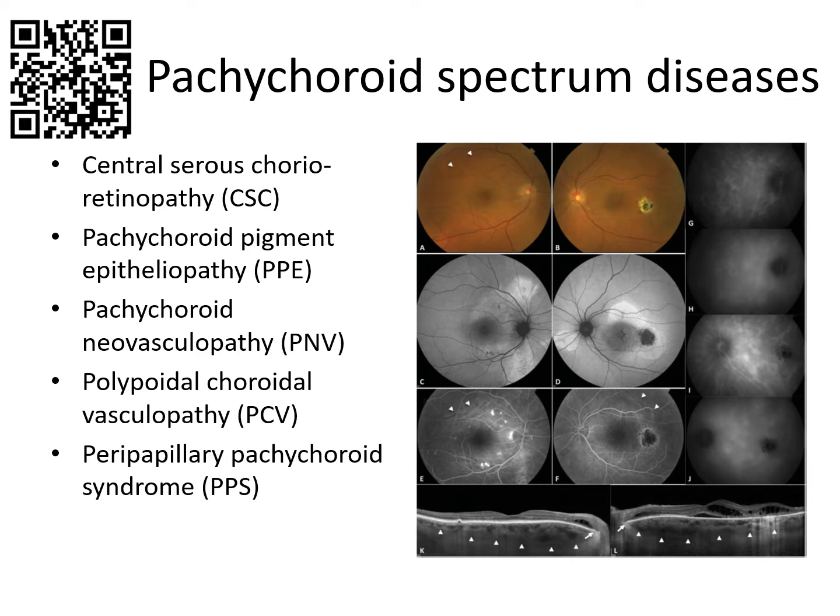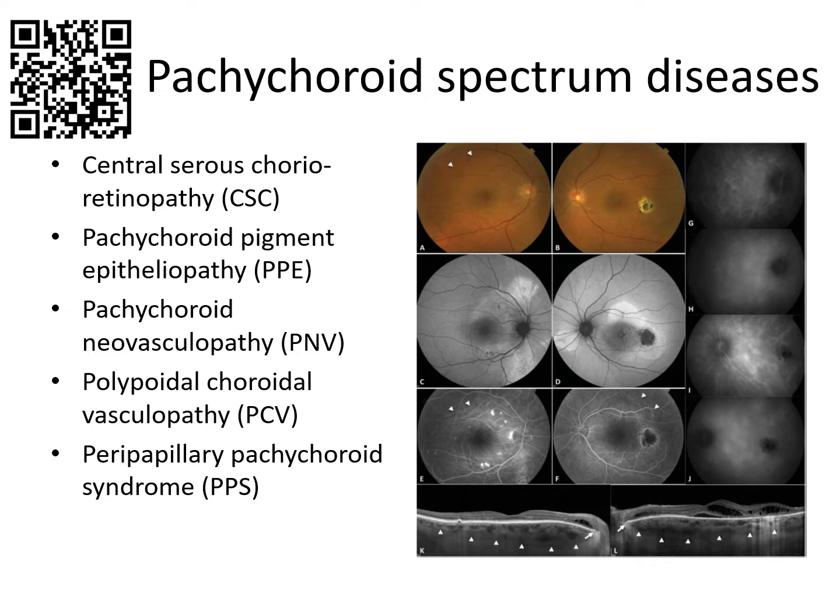Then we have peripapillary pachychoroid syndrome, where we have presence of similar disease, but instead of predominantly involving the macular area, there's involvement of the retina which is close to the optic disc. So here we have swept source OCT, which shows us that the portion of the retina in the macular area is fairly normal, but we can see the choroid which is thickened close to the disc.